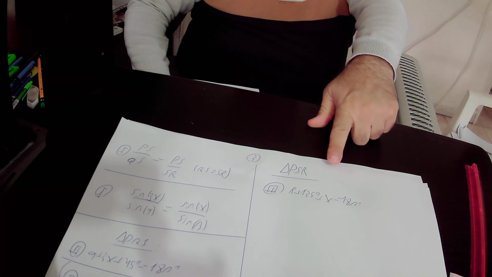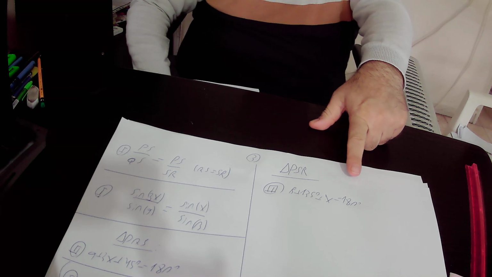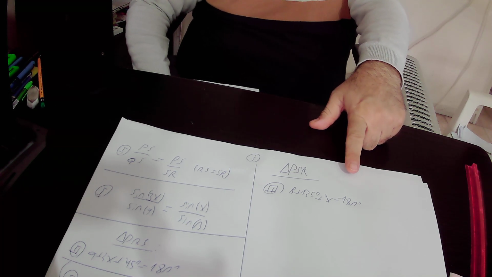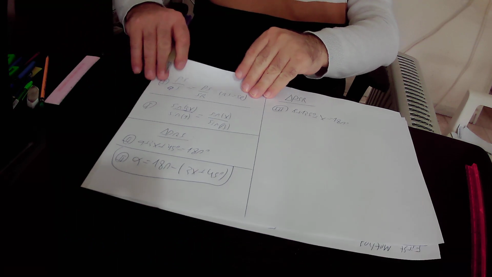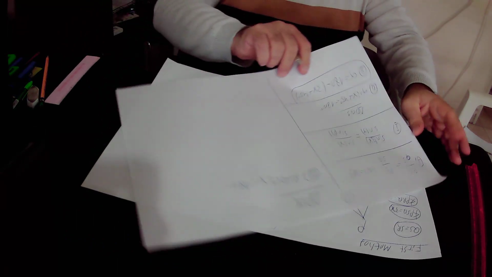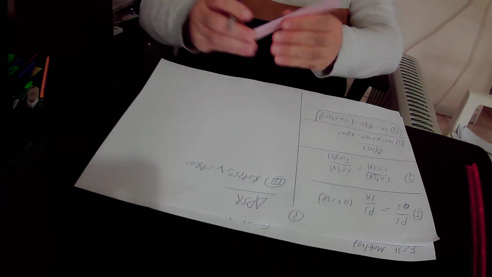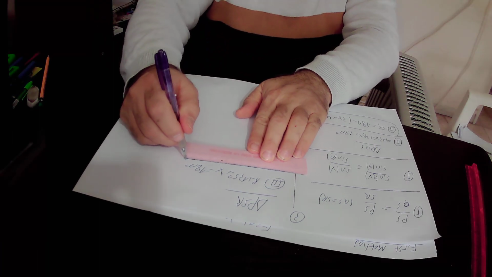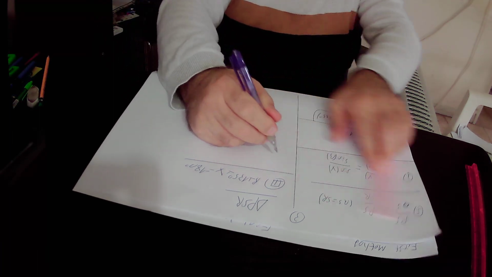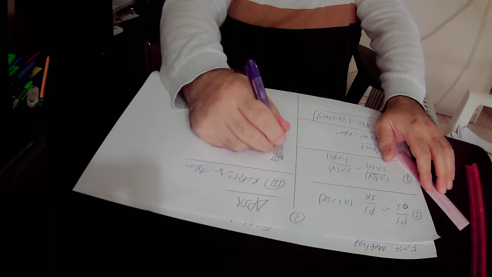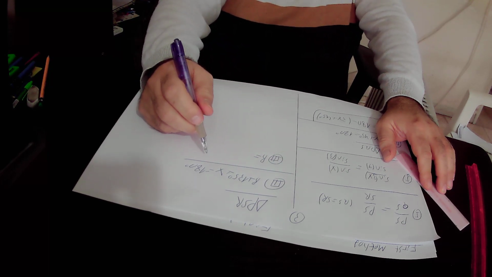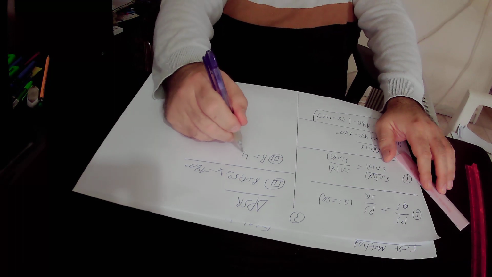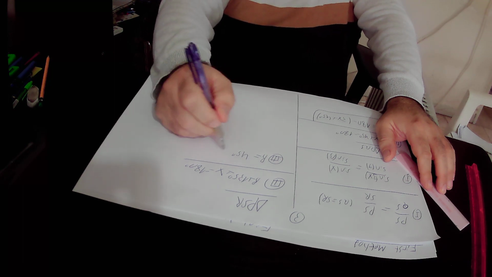Here we will subtract 135 degrees and also x from equation number 3, and we will get that, according to equation number 3, beta equals 180 degrees minus 135 degrees, which is 45 degrees, minus x.